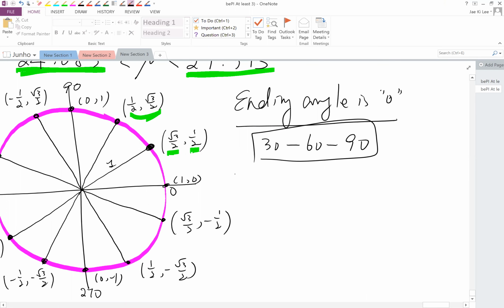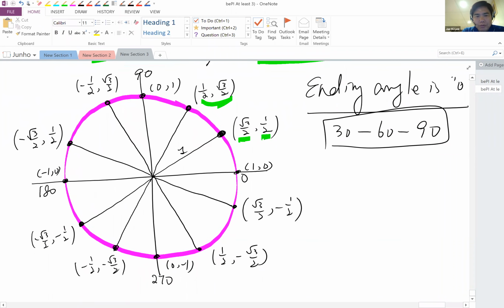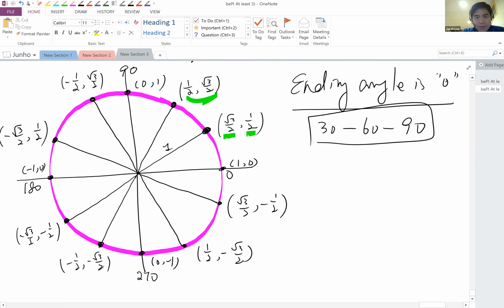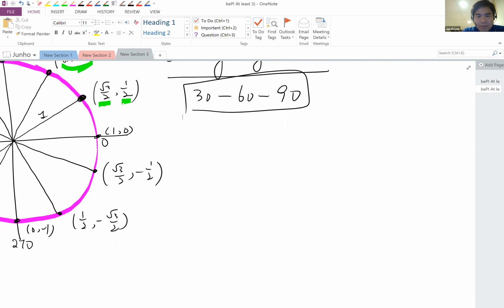Okay, but you don't have to always draw this unit circle if you understand this kind of property. For example, I'm asking maybe cosine 210.